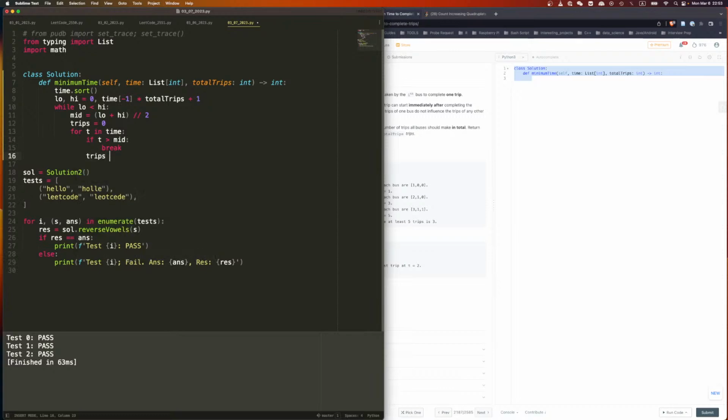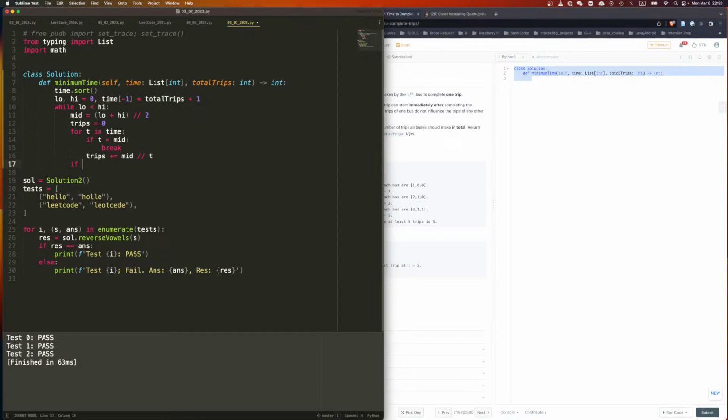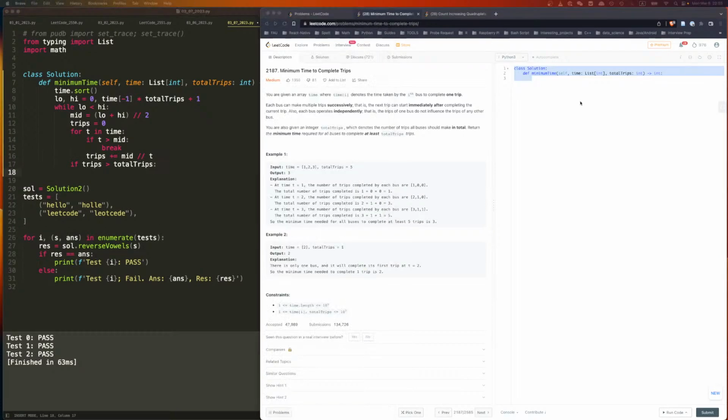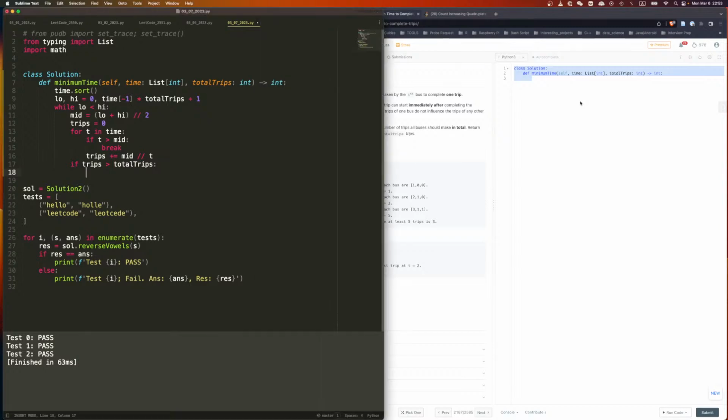Otherwise, we say trips plus equals mid divided by t, which is how many trips. So once we're done, we say if trips make more trips, right? If we make more trips, then we shall decrease the time, so we have too much time, right? So, okay, we say high equals mid, right?